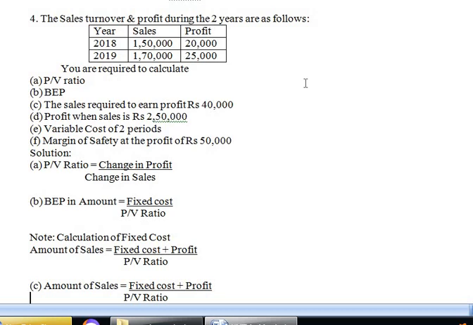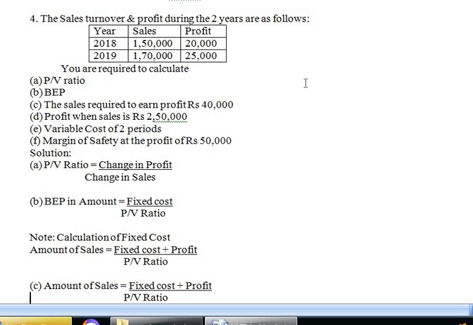Now first we will find out PV ratio. In the previous problem we applied the formula sales minus variable cost divided by sales to find PV ratio. But in this problem they haven't given us the variable cost. What we can understand is they have given information of 2 years, 2018 and 2019, with sales and profit of both years.